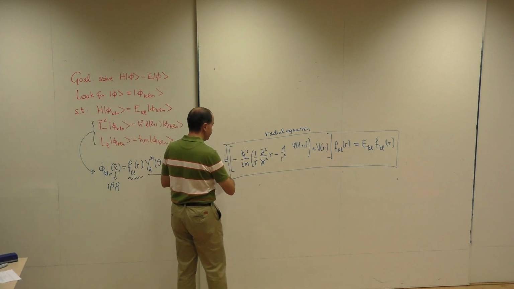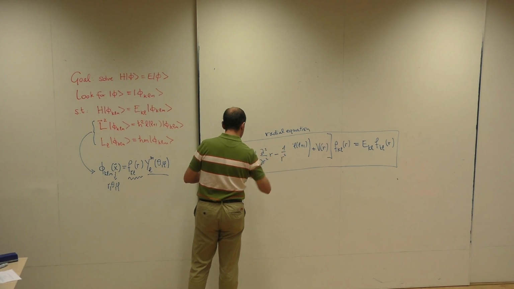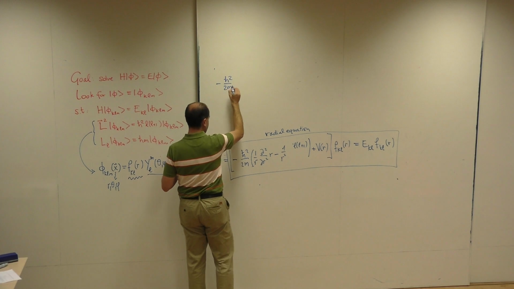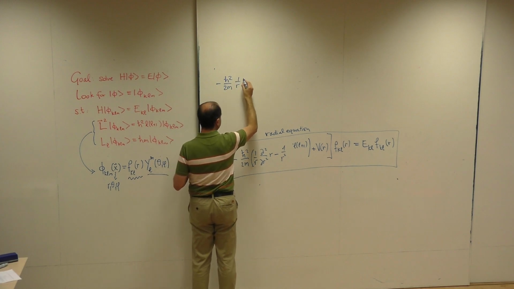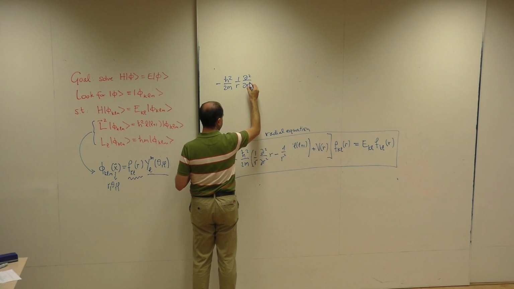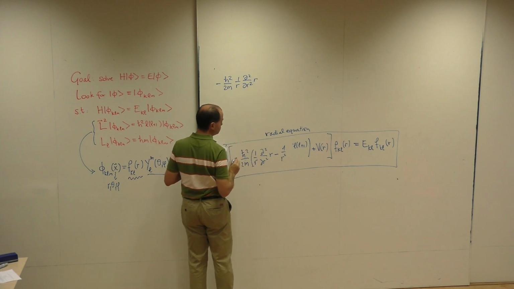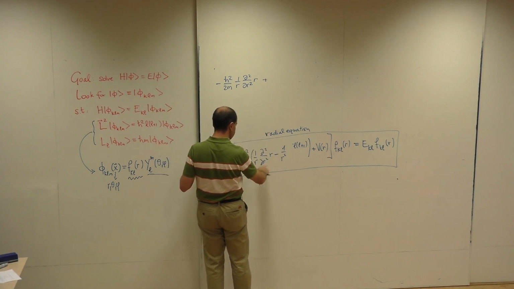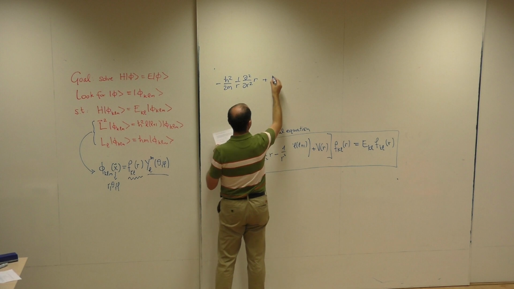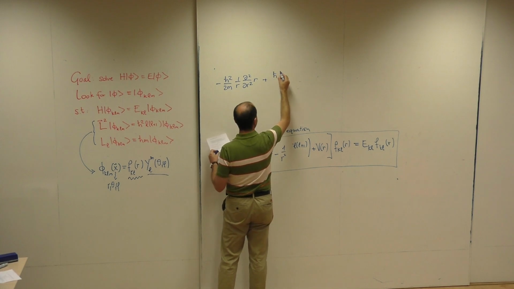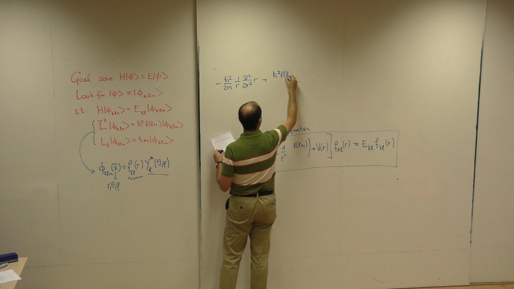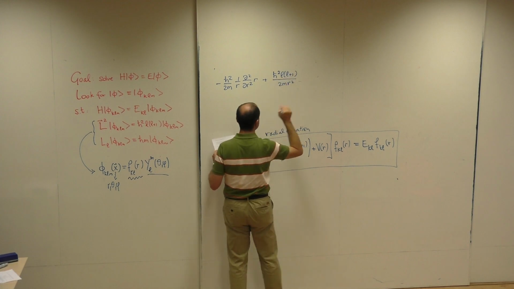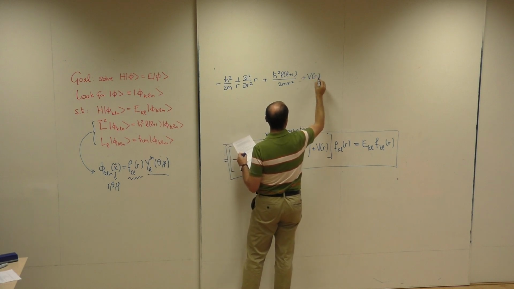So if I rewrite the Hamiltonian in a different way, I can write it like this: minus h bar squared over 2m, 1 over r, d squared over dr squared r, and then plus h bar squared L(L+1) over 2m r squared, plus V of r.